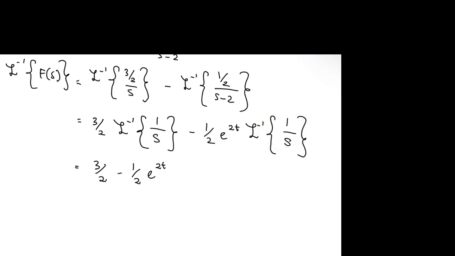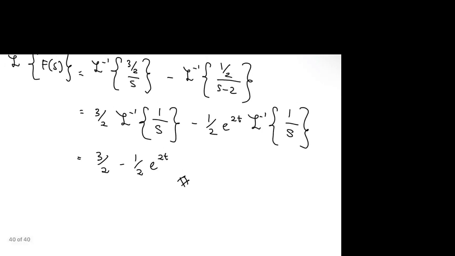So the final answer is 3 over 2 minus 1 over 2 exponent 2t. So this is the solution for the first rational fraction.